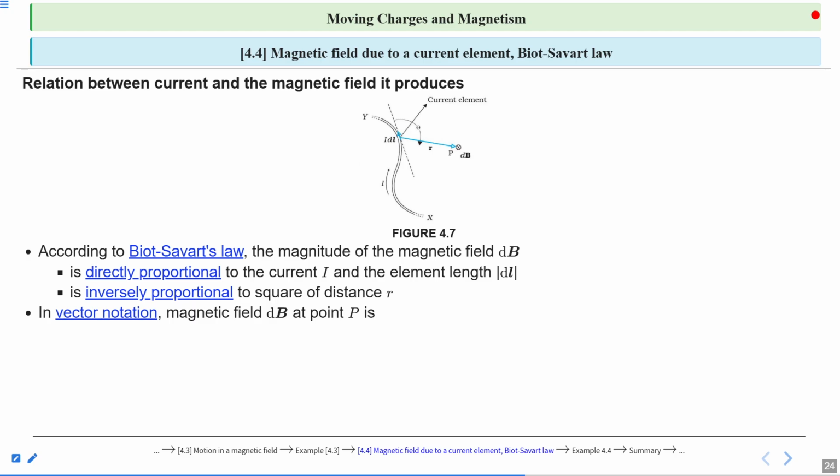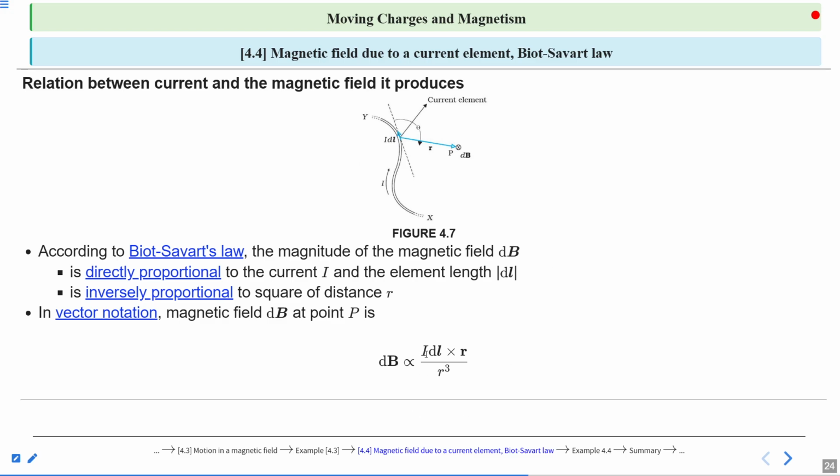So in vector notation, dB is proportional to I dl cross r upon r cube. Now you may ask: it is inversely proportional to the square of distance r, then why is it written as the cube of r?